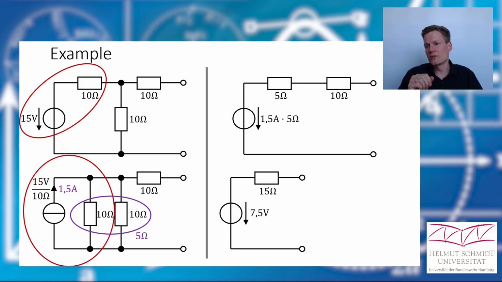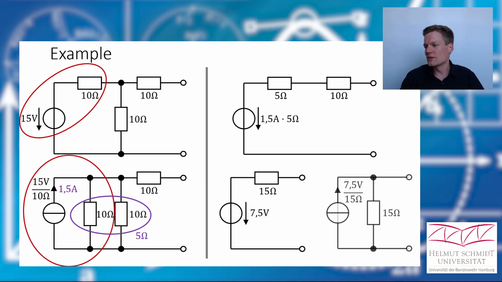But our original circuit has 4 elements, and our new circuit has only 2. The cool thing is, this tool works for huge circuits, and you can combine a huge circuit with 2 output clamps into a practical source, and it just behaves the same. Now we have a practical voltage source, and of course we can transfer it into a practical current source if we want.